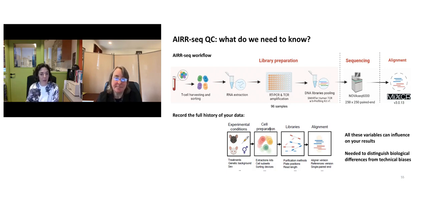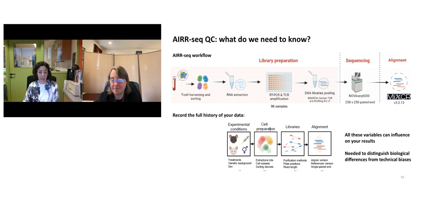So our idea was to put everything together, starting back from the classical workflow where you start from your sample, having all the history of the sample, the patient, the mouse, or whatever organism you are analyzing, the different steps and all the information for all the steps until the alignment.